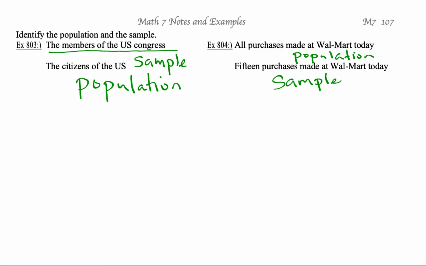But if you're trying to figure out things about all Walmarts everywhere, you'd probably want to go to a few different Walmart stores, because different regions will have different shopping preferences. Just people will be buying different things here in Utah than they might be buying in California or New Mexico or New Jersey.